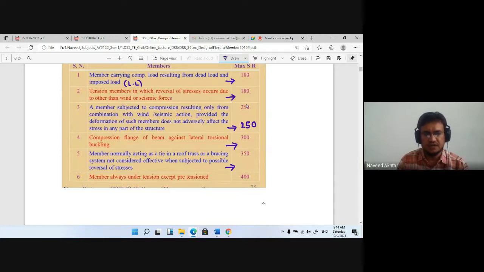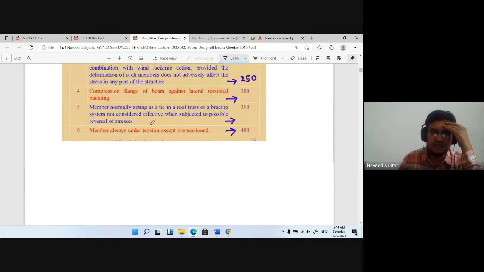And a member always under tension, except a pre-tension member, has a slenderness ratio of 400. So these are the maximum slenderness ratio values for the different conditions and different members. You can remember.